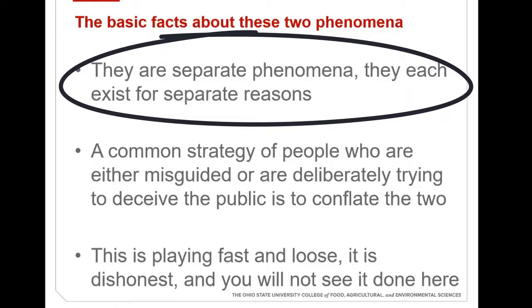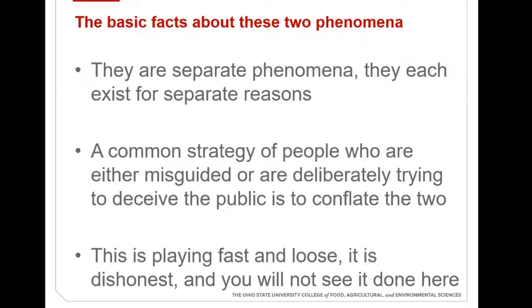If you've been following Earth is Our Home, you know that those ups and downs, those peaks and valleys, are primarily caused by the El Nino, La Nina phenomenon, whereas the upward trend is caused by humans putting more CO2 into the atmosphere by burning fossil fuels, raising Earth's temperature through the greenhouse effect. So these are two separate phenomena, and they each exist for separate reasons.